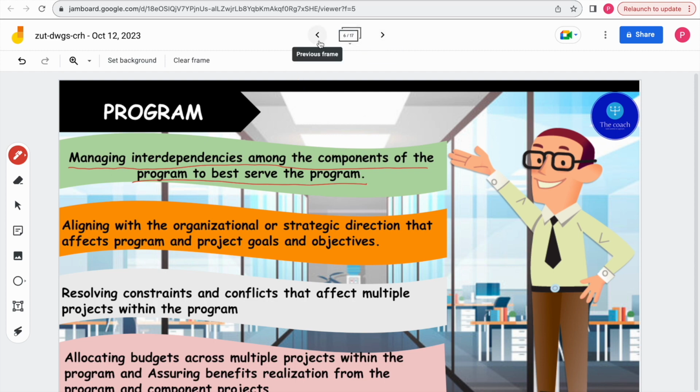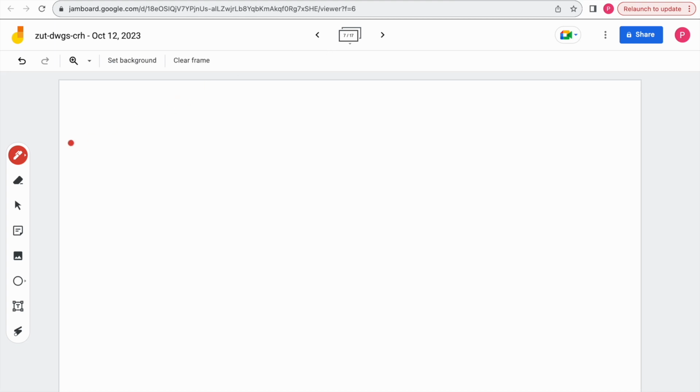What I mean here by interdependency is, let's say there is one program manager, and this program is all about construction of bridges.